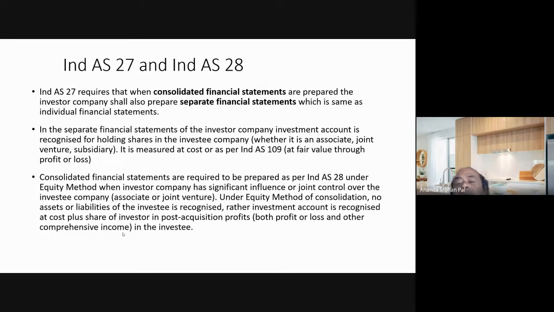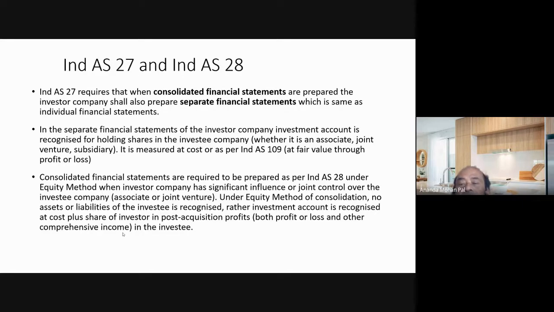And after 1 year, the associate had made a total profit, say both profit or loss and other comprehensive income taken together, a total profit of 50,000 annual total aggregate. That is total comprehensive income.